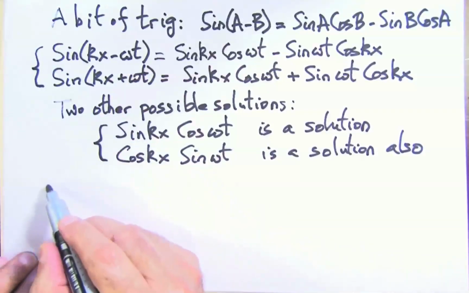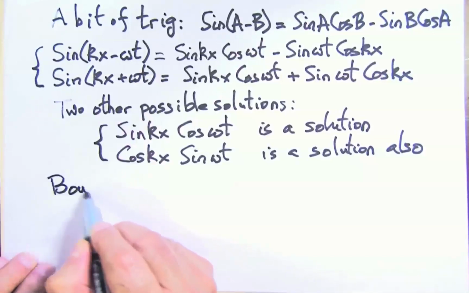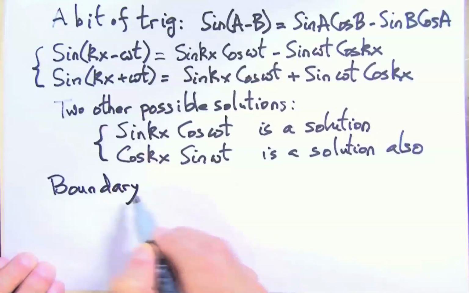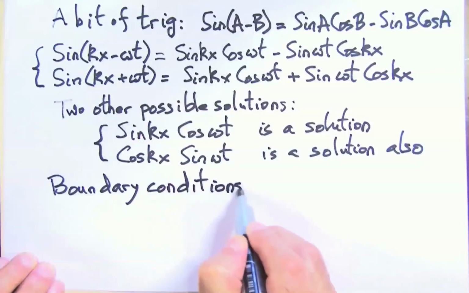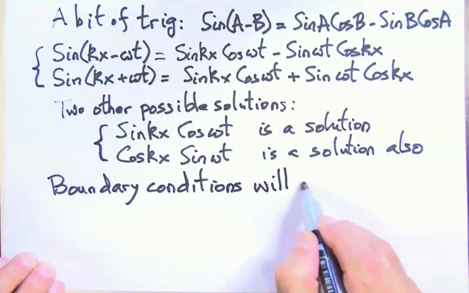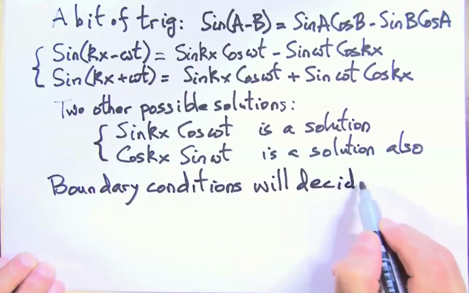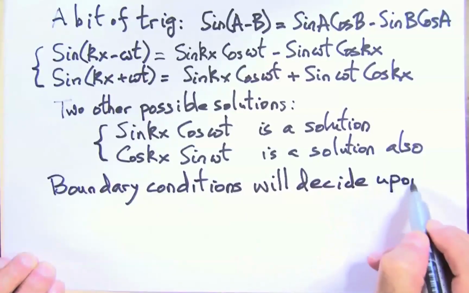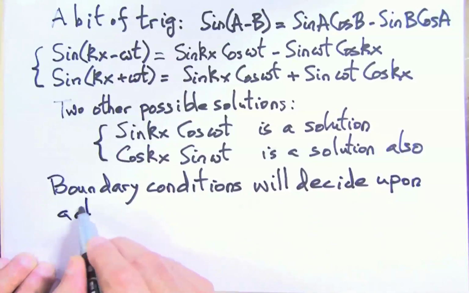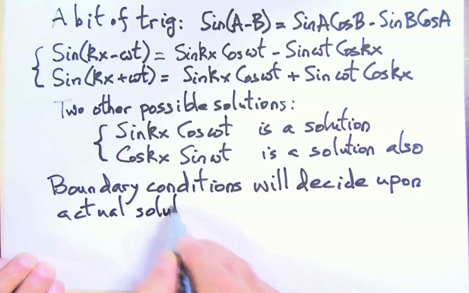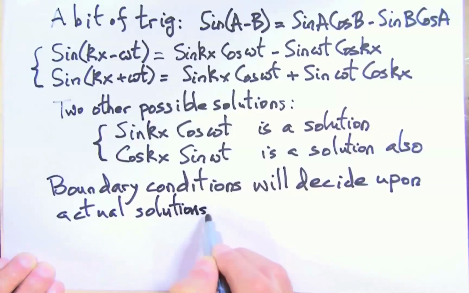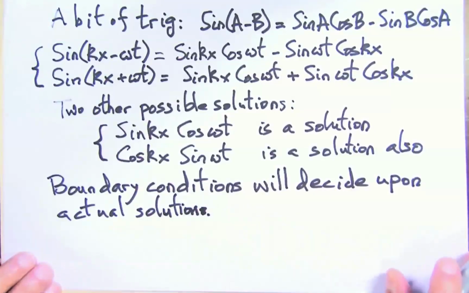So now, boundary conditions will decide upon the actual solution. As I said before, boundary conditions are absolutely essential. Without them, you can't tell what the solution will be.